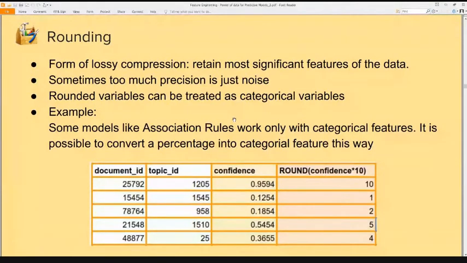So rounded variables can be treated as categorical variables. If we see values like 0.1, 0.2223, 0.22234, when you round, the uniqueness in the data set decreases, and you can then use those values with less variability as categorical values.